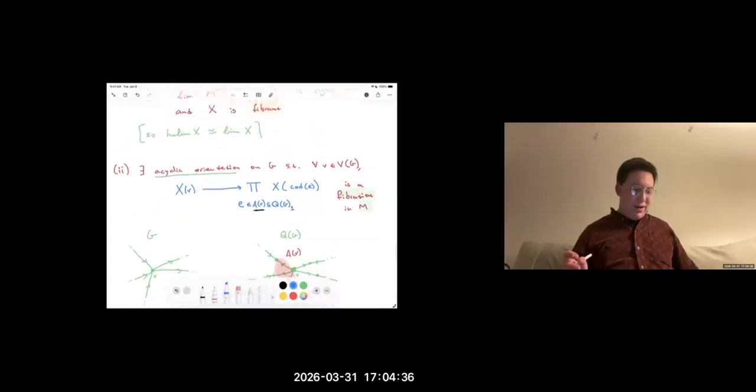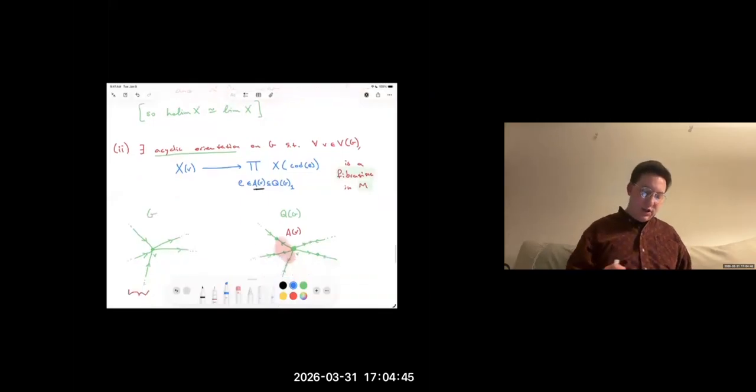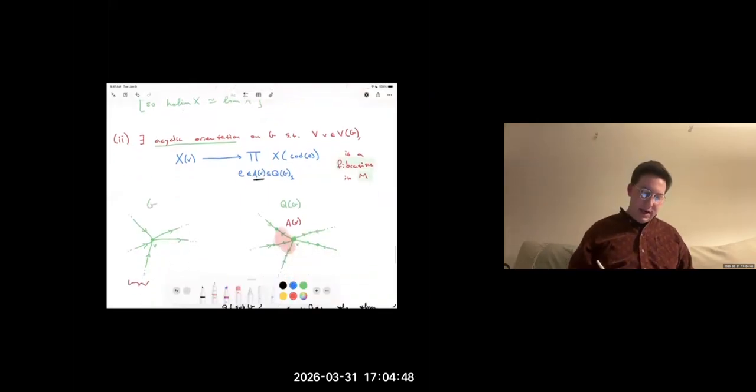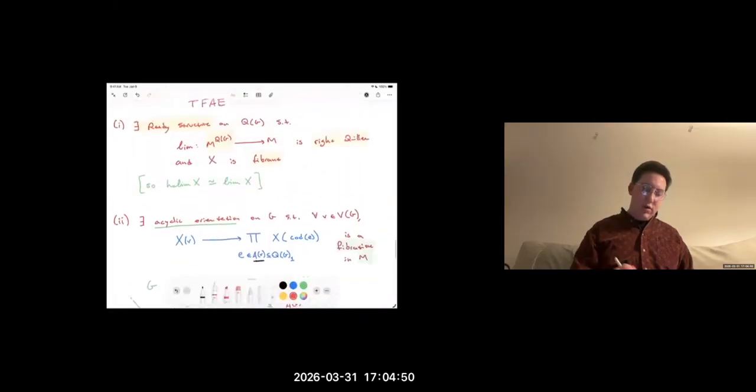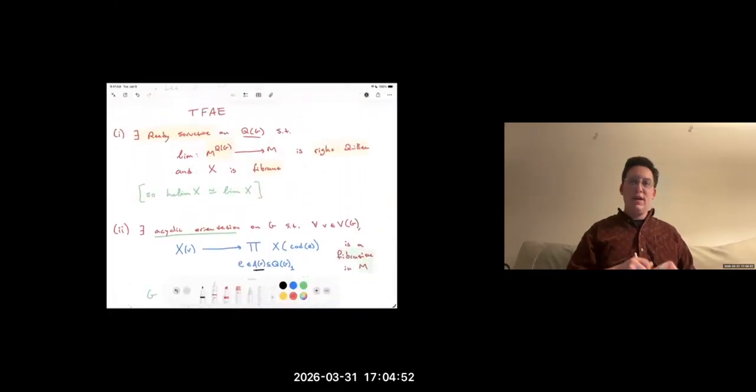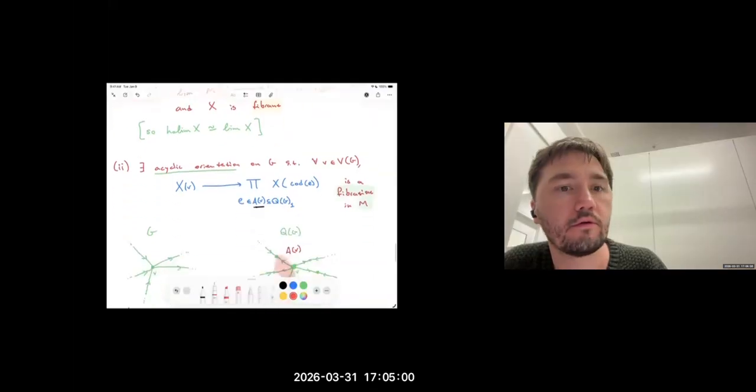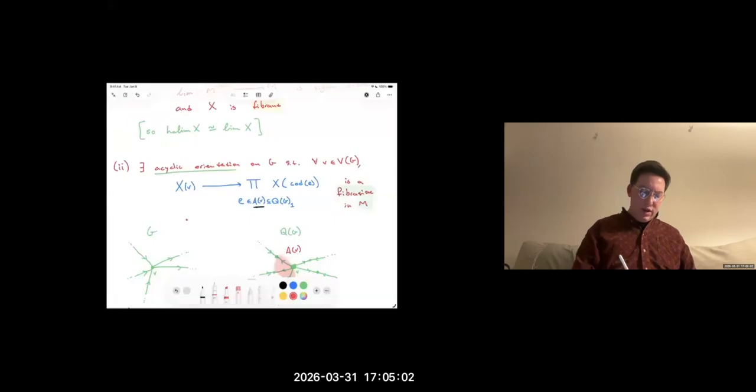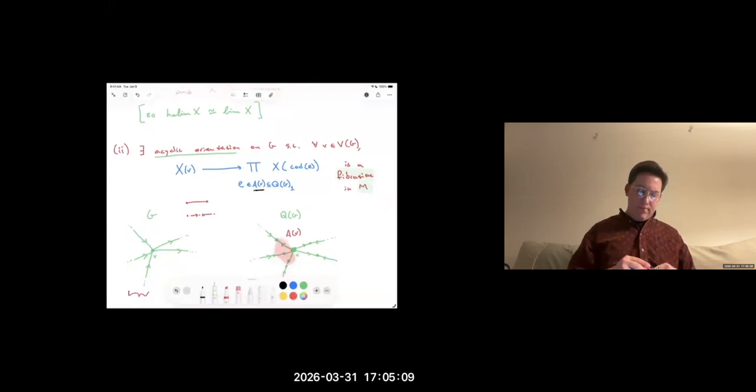I don't think I have a great big picture understanding for why this happened. It was a very combinatorial calculation that the acyclic orientation on G allowed me to say exactly which arrows in Q should be the increasing arrows in the filtration on the Reedy structure. Given the acyclic orientation, every edge in G looks like this, and then all the arrows in Q look like this.